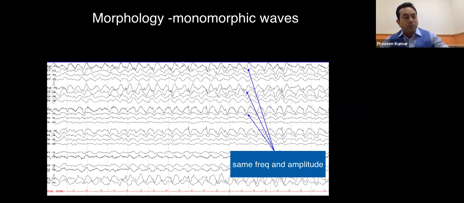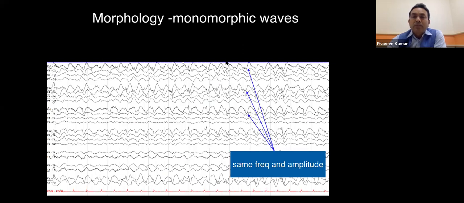Then similarly in the morphology, you can have monomorphic waves, where all the waves are of similar amplitude and frequency. Like you see in this one, this is 1 second and you see almost one, maybe two waves, so similar in frequency, 2 hertz, two waves per second, and in morphology also they are of similar amplitude.